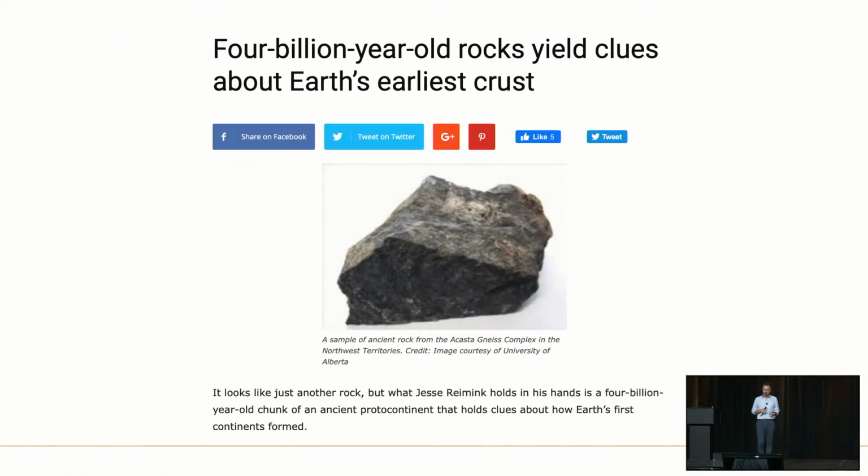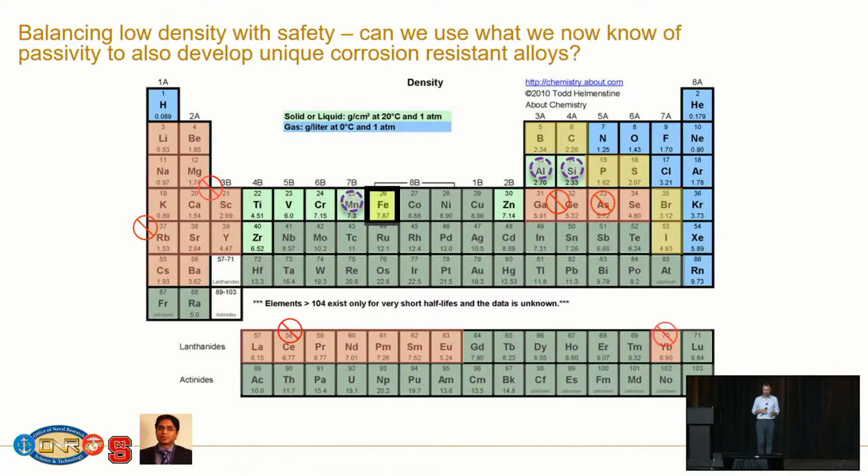But look, while I'm going on about these high entropy alloys, what I wanted to do was also think about how we advance this knowledge and do even more interesting things with it. So in a project funded by the Office of Naval Research in collaboration with NC State and Professor Rajiv Gupta, we wanted to make low density alloys that were quite unique.